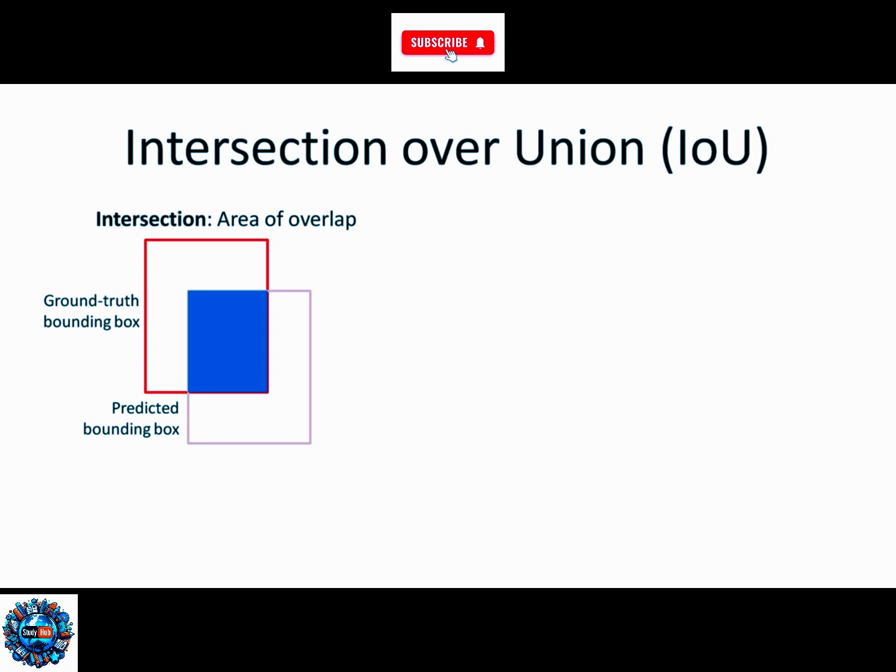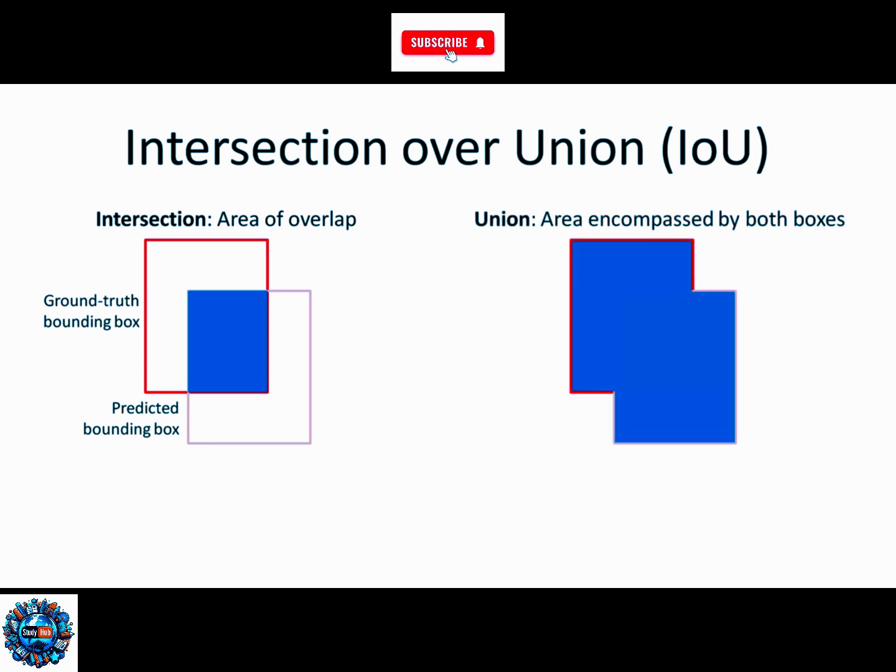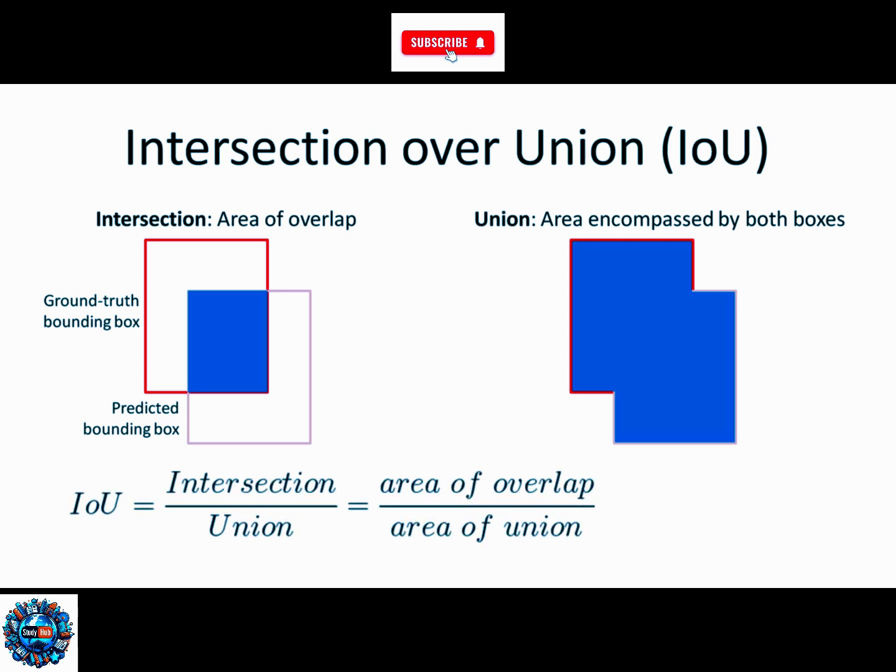The union is the area under both boxes if you combine them into one shape. You compute the IOU by dividing the area of the overlap by the total area of the union. This is a ratio and gives you a score between 0 and 1. 0 means that there is no overlap and that the predicted box isn't touching any area of the ground truth box. 1 means that the predicted box perfectly overlaps the ground truth box.